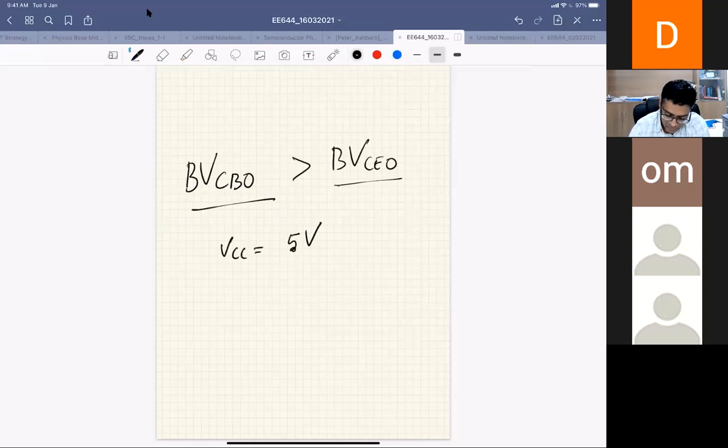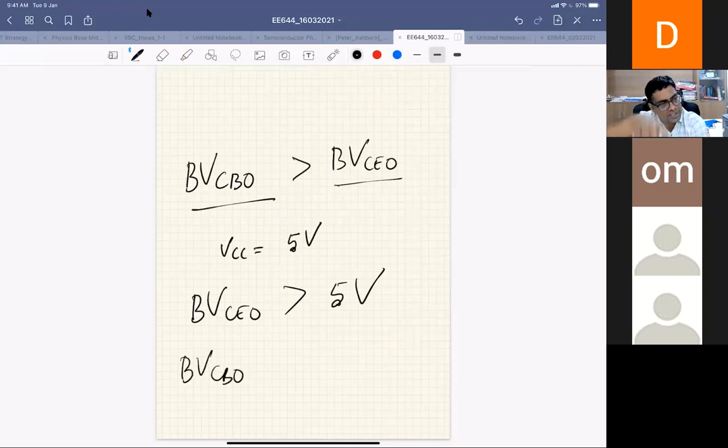That means your BVCEO should be greater than 5 volt, at least. And if BVCEO is greater than 5 volt, BVCBO will also be greater than 5 volt by default, because your BVCBO is always more than BVCEO.